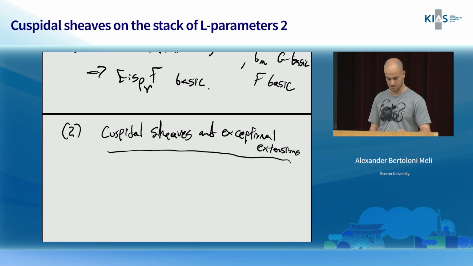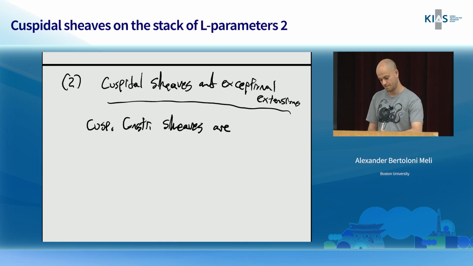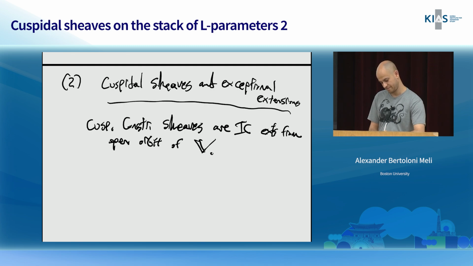Something that Terahisa mentioned is that cuspidal constructible sheaves are IC extensions from the open orbit of V. And we kind of want something like this in the coherent setting.